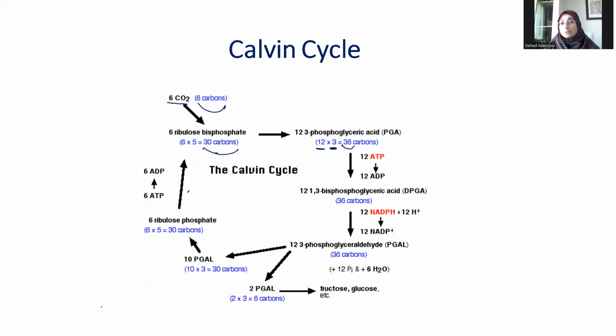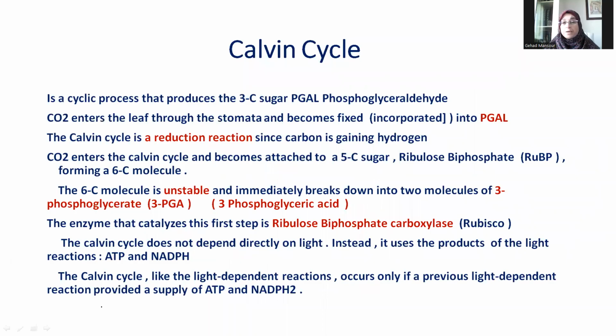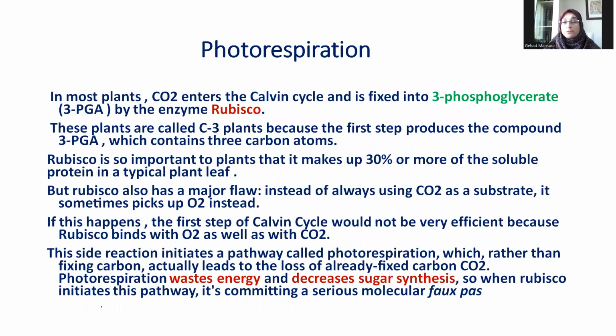So photorespiration seems to be a very wasteful process, because it decreases sugar synthesis. As you see here, it decreases sugar synthesis and it wastes energy. And some references say that Rubisco is committing a molecular faux pas.